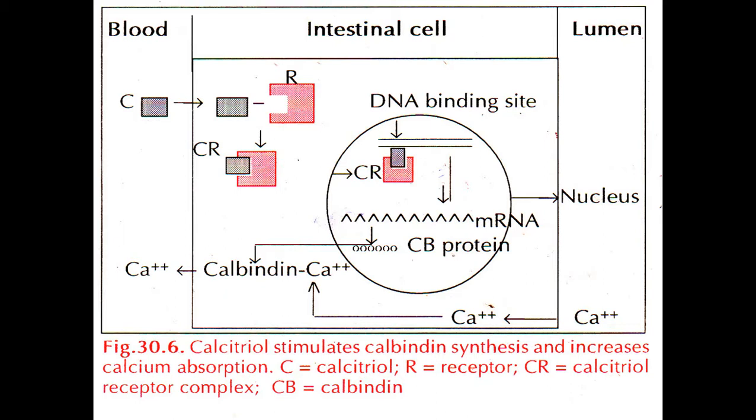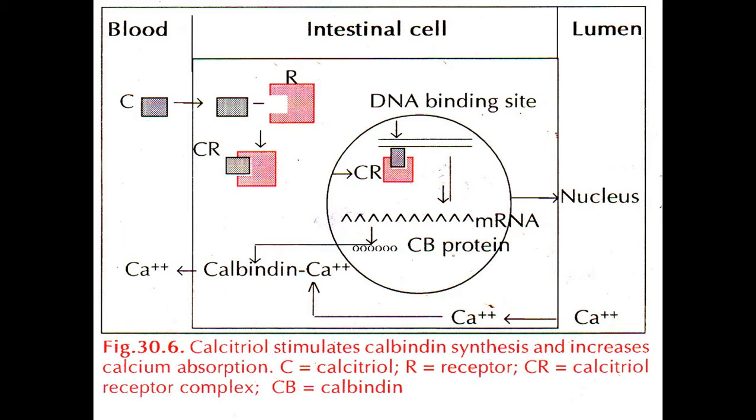This receptor complex enters the nucleus, binds with the DNA and causes transcription, producing mRNA, and this mRNA is responsible for synthesis of proteins, like the calbindin protein.